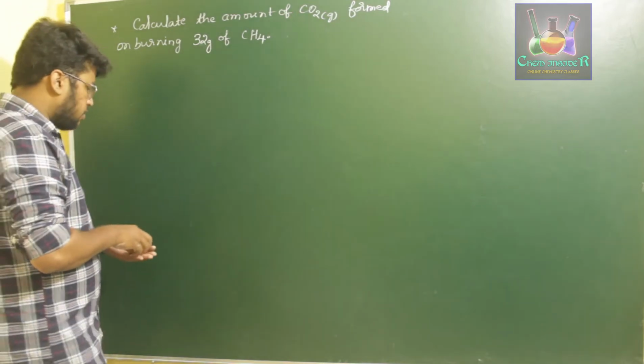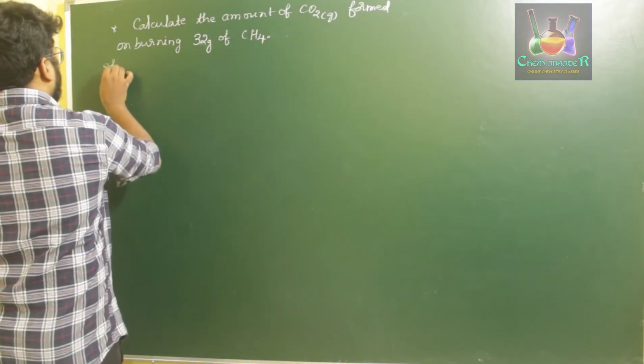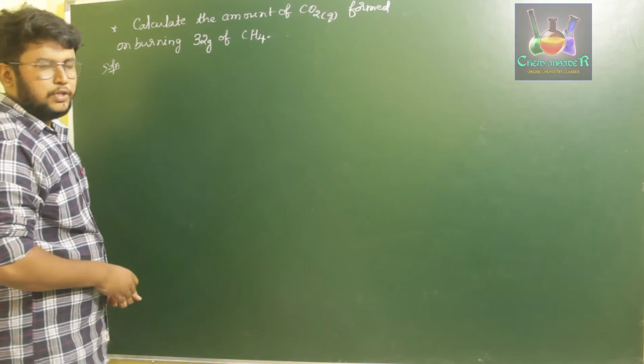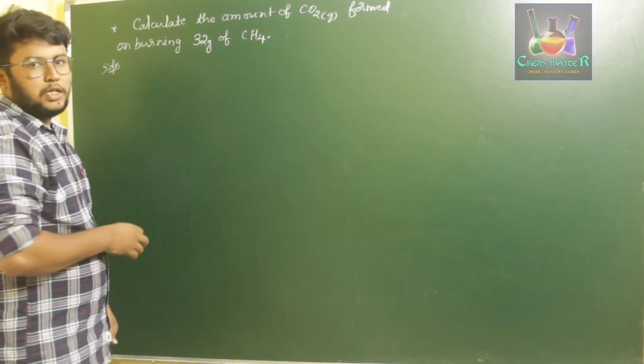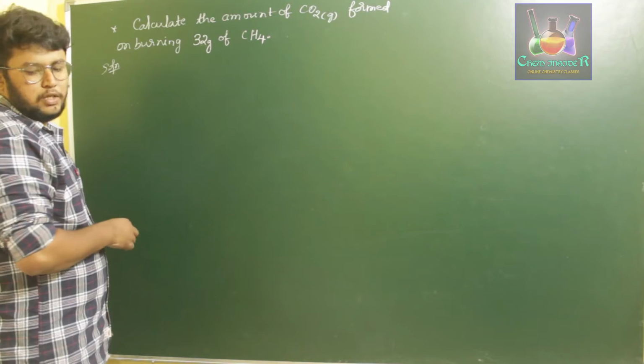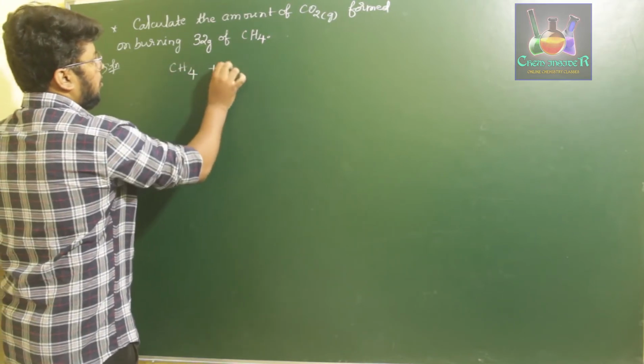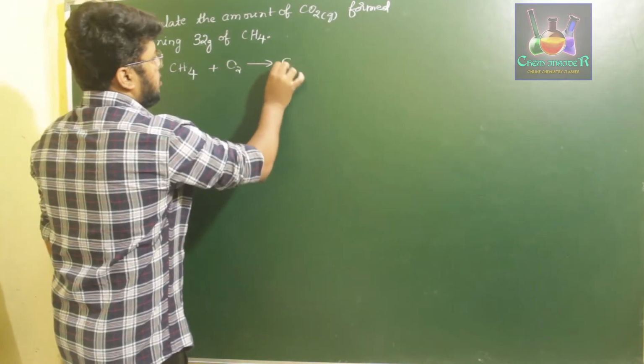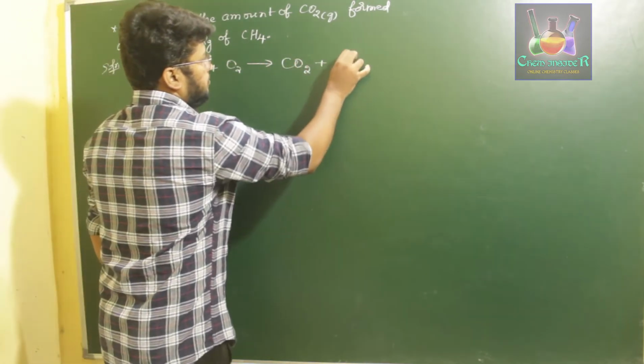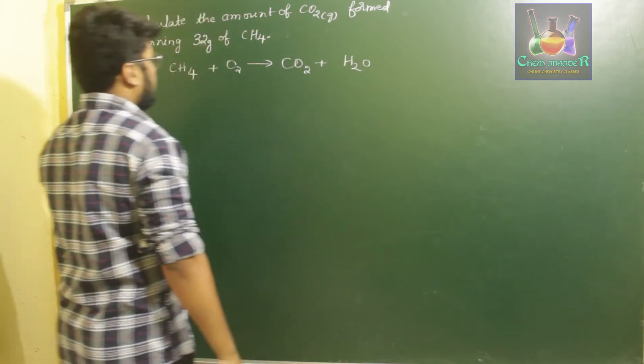For that, first we need to consider a balanced chemical reaction of the burning of methane. The burning of methane takes place as CH4 on treating with oxygen gives us CO2 and H2O.